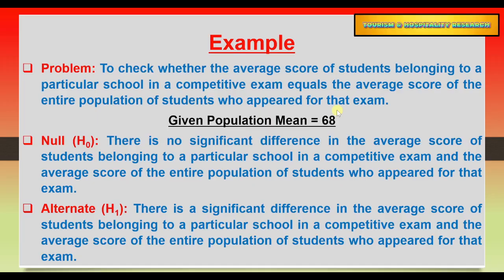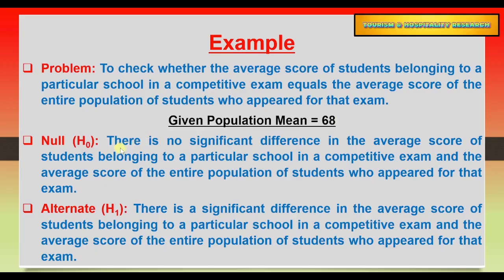So we already know that the population mean, the average score of all the students who appeared for that national level competitive exam, is 68 out of 100. Now, we want to check whether the average score of a particular school, the students who gave the exam from that school, their average is significantly different from the population mean or not.